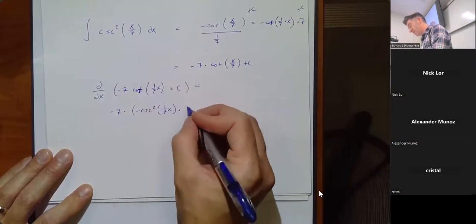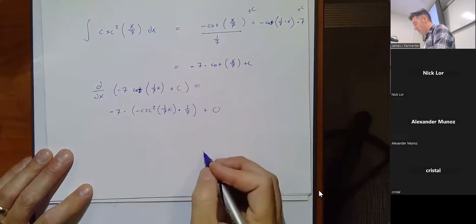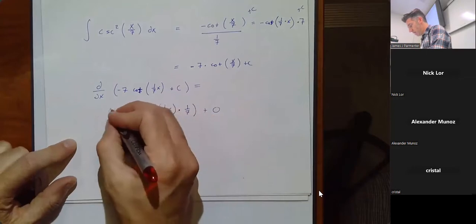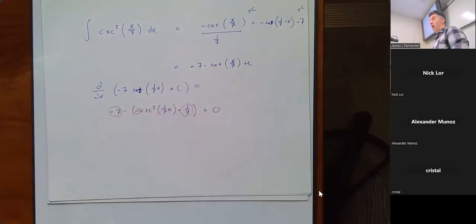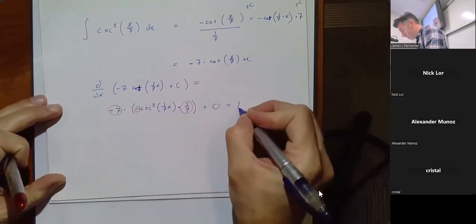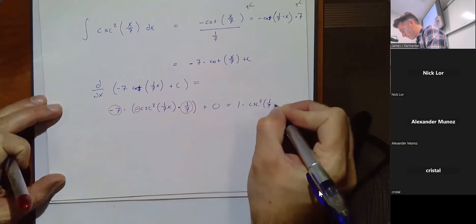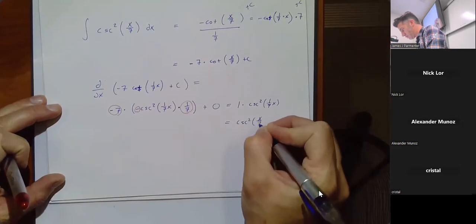Derivative of 1/7 times x is just 1/7. The derivative of constant 0. And then, hey, look, the -7 times the -1 times the 1/7 just ends up being 1. So that's going to end up being 1 times cosecant squared of 1/7 x, or in other words, cosecant squared of x over 7.